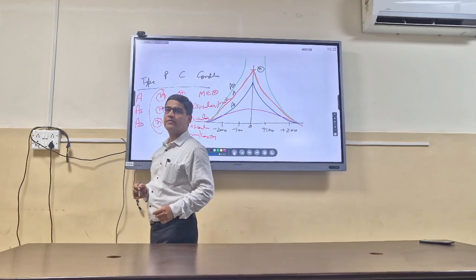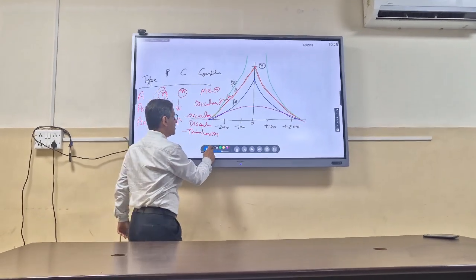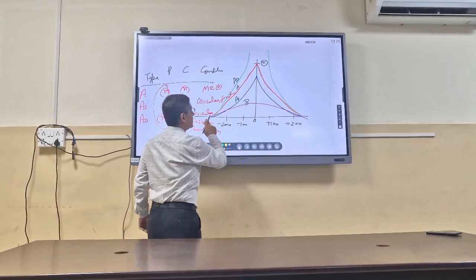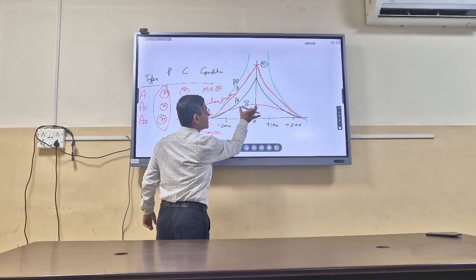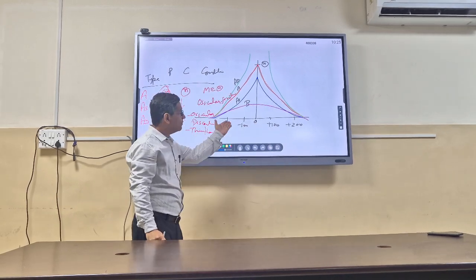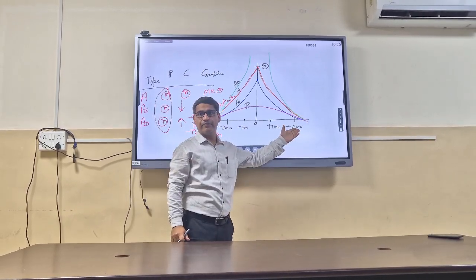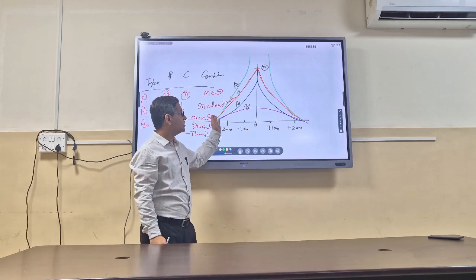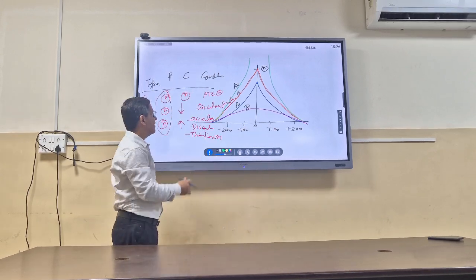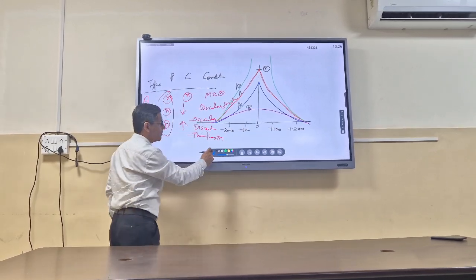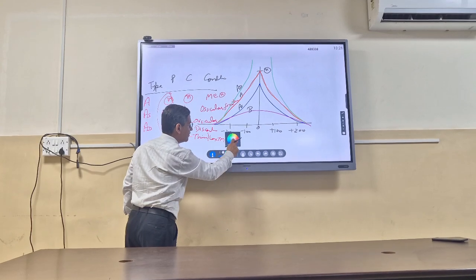In this type B curve, we see that there is not much change in the compliance. More or less the compliance is the same at all pressures. Okay? So this is called a B type of curve, or a flat type of curve, or a dome shaped curve.